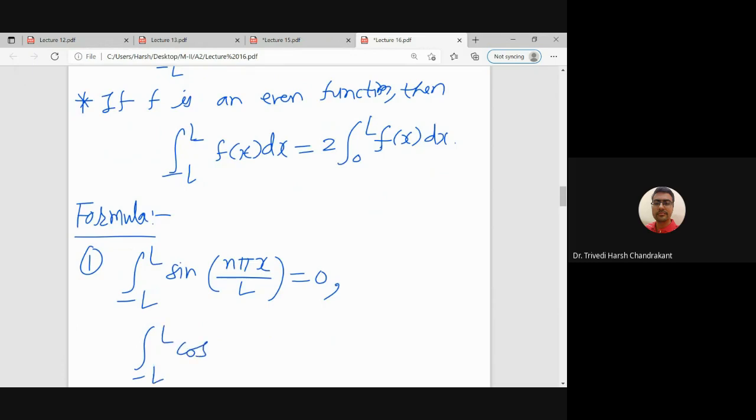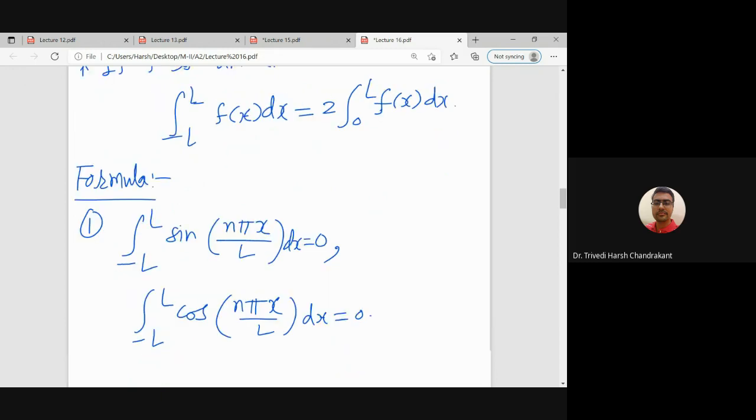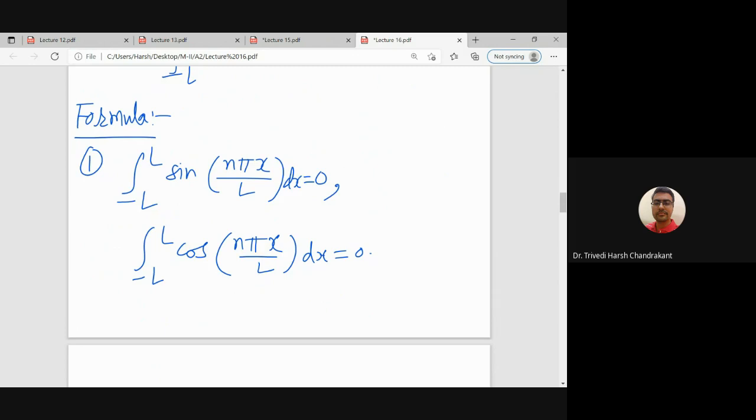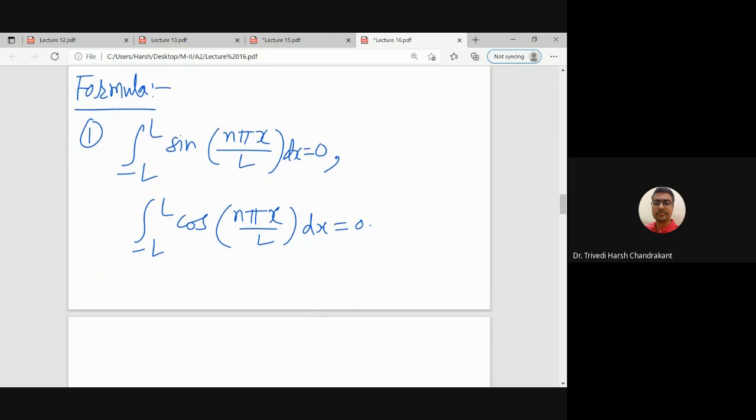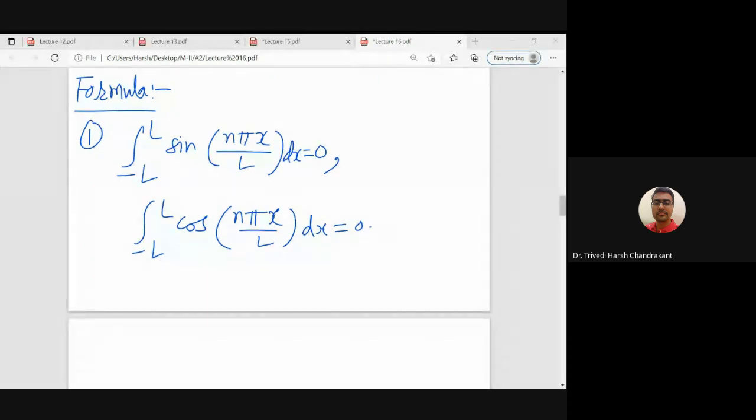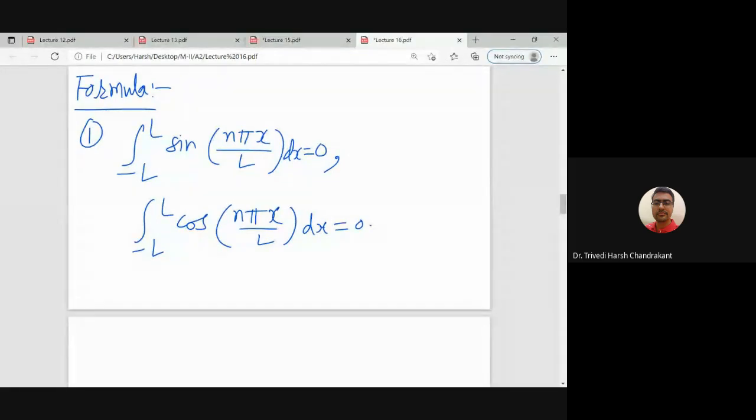Similarly, if we integrate the cosine function, then also the integral value is 0. This is simple to show. You already know these results when L is equal to pi. In that case, the integral is minus pi to pi sine nx dx, and that value is 0. We just need to integrate. Okay.